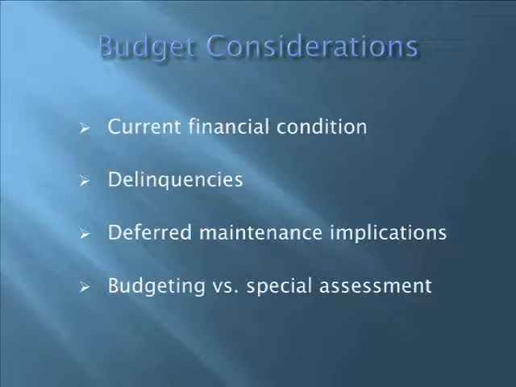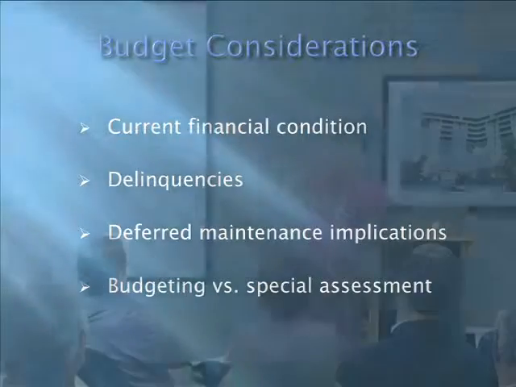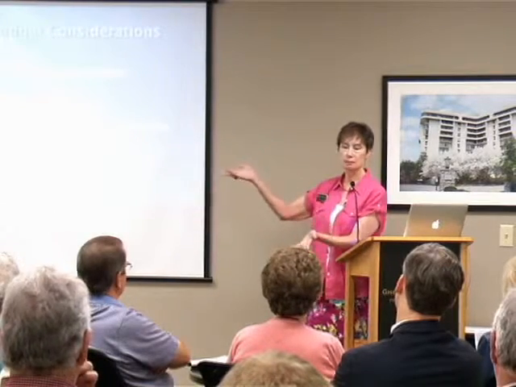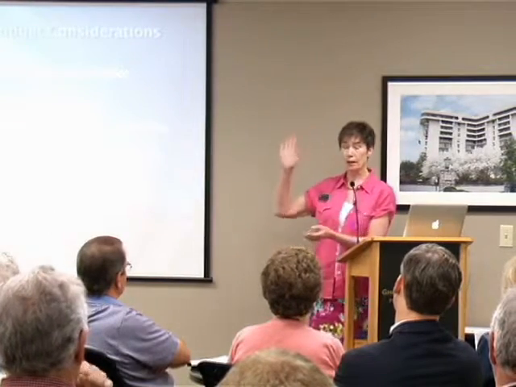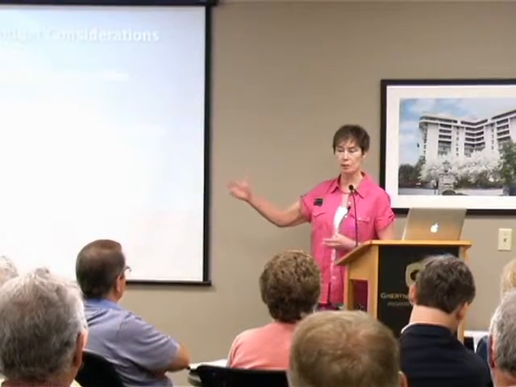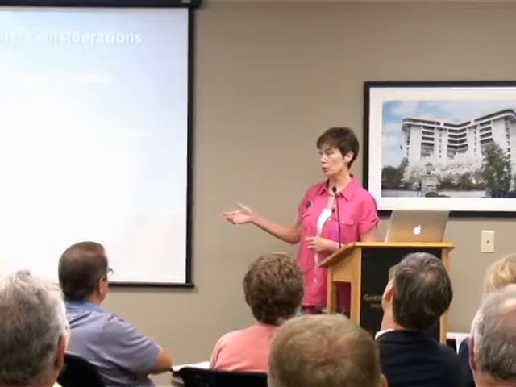Some associations like to project, and if you're projecting out a lot, if you say 2013 through 2017, I think that works out to 5 years, that you want to know what the association is going to look like in 5 years. You may have someone in your association who will create a pro forma budget.